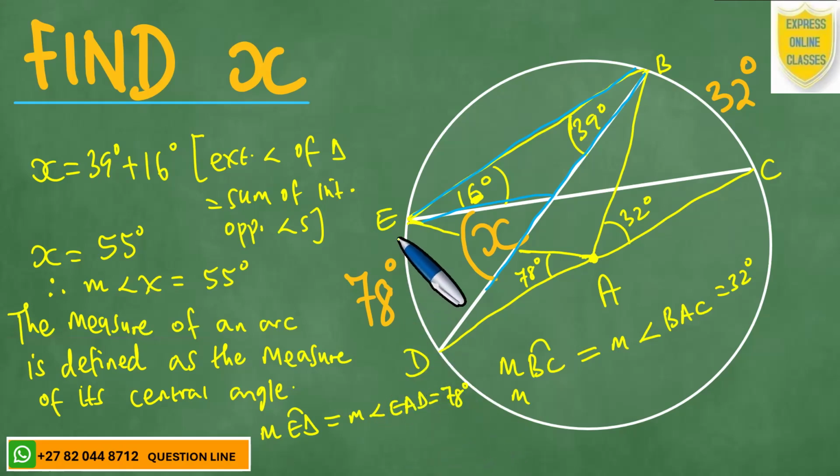So the measure of the arc ED is equal to the measure of the central angle EAD, which is 78 degrees.